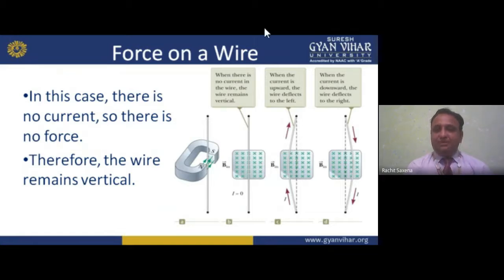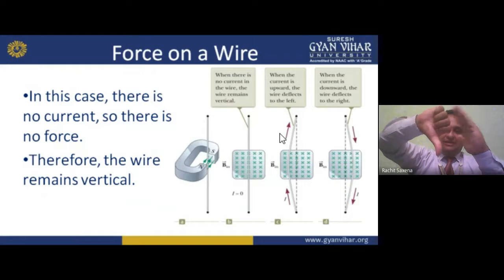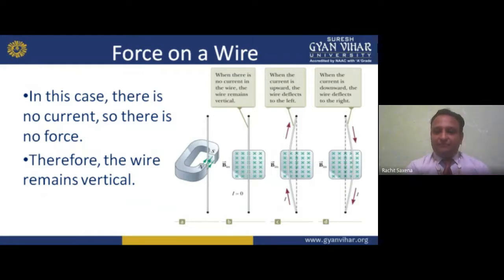But when the current is downward, see, if upward, then it deflects left, but if downward it deflects right. If the current is upward like this, then it deflects like this. But if the current is like this, then the wire moves to the right-hand side.